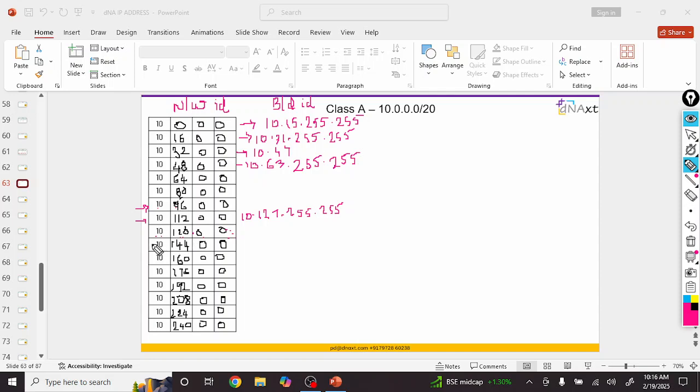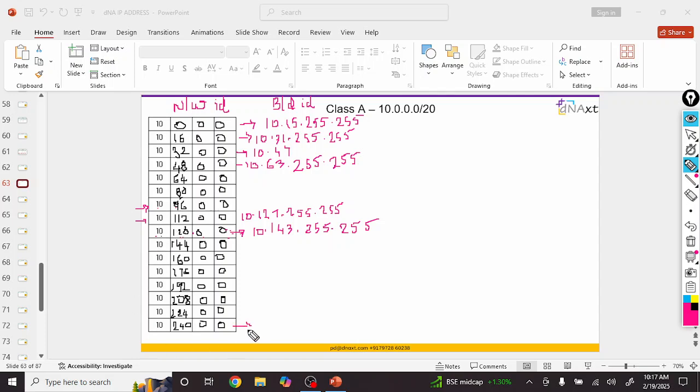Okay. Here I'll write it down so that it will be easy. 10.143.255.255 will be the broadcast ID and 10.143.255.254 will be the last valid host.